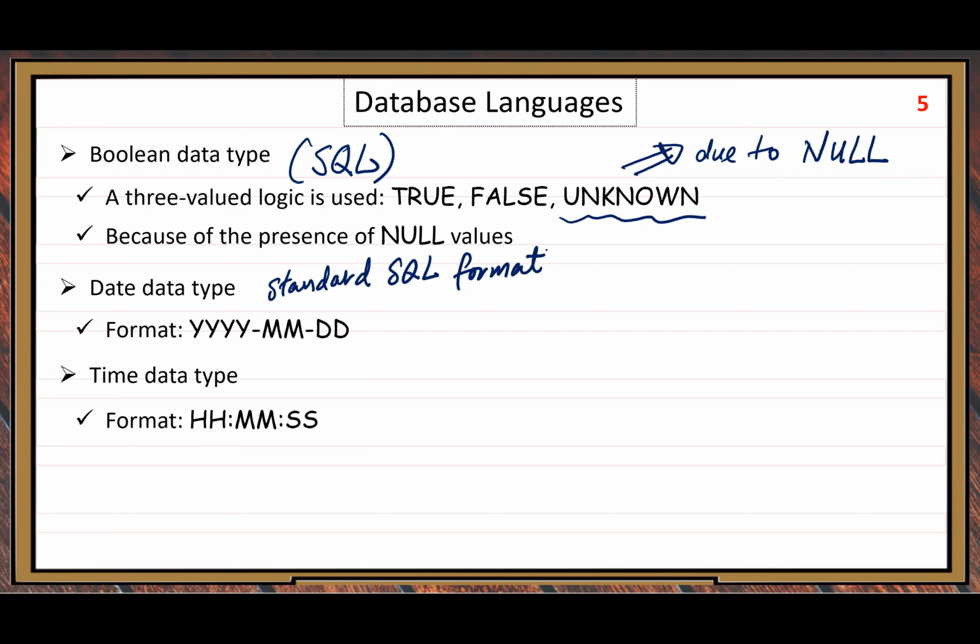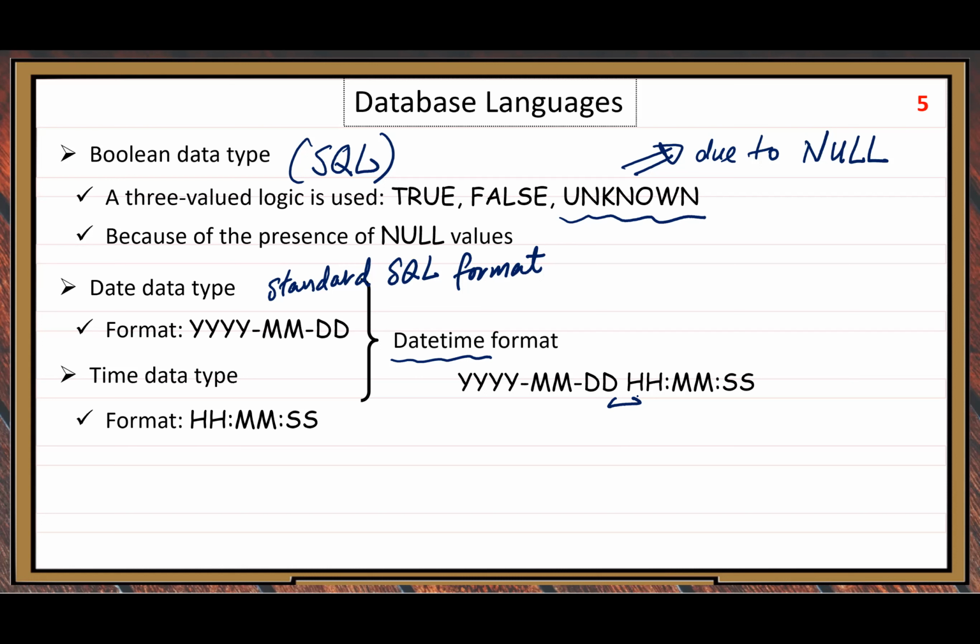But sometimes we need to combine date and time together. So it's called a datetime format. Then you just use a space to separate: the first part is the date format, space, then the time format.